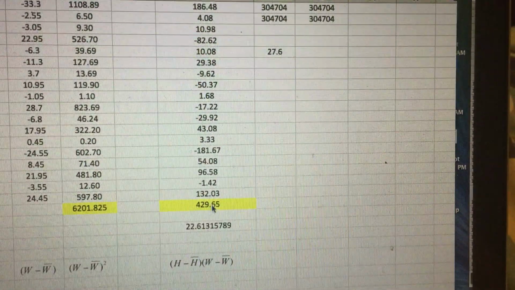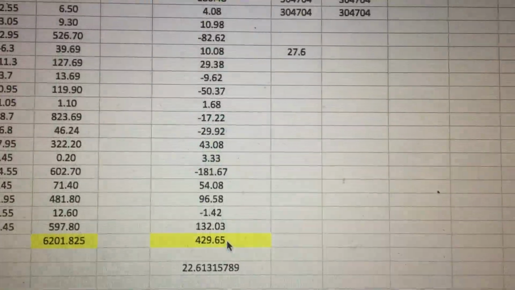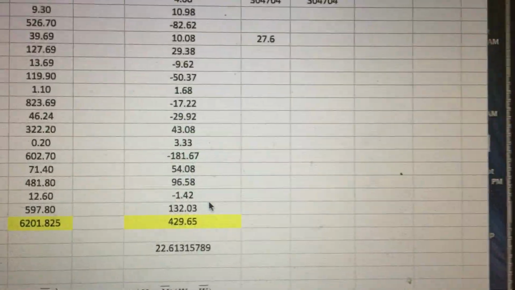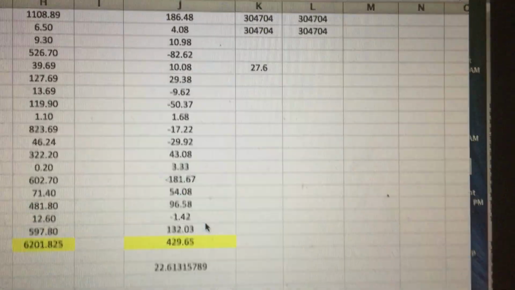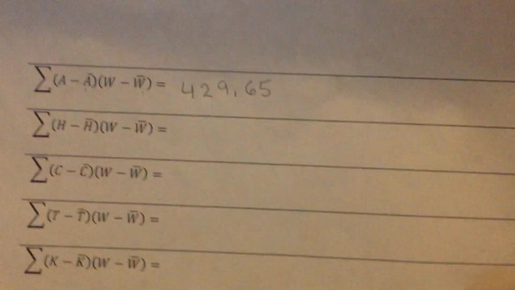We add them all up, and the sum is 429.65. I know those roosters are so irritating. As far as I know, I'm doing this right. I'm following the formulas.